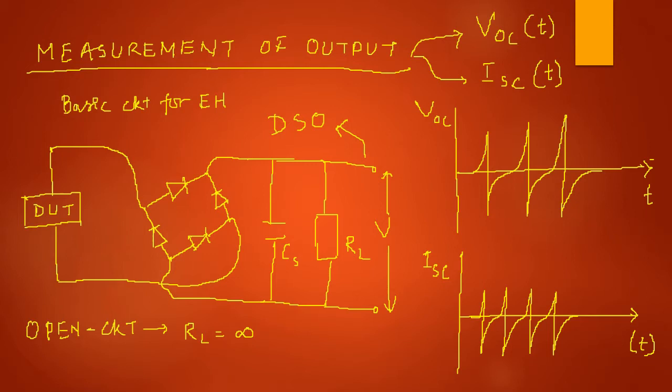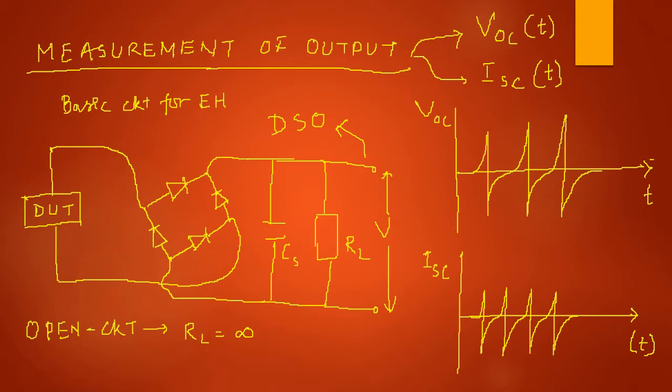But the most basic test that is common for all the other energy harvesting technologies is to measure the voltage generated when the harvester is connected directly to a range of resistive loads.